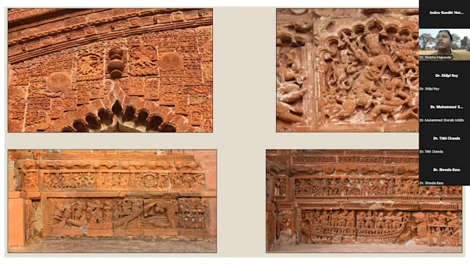Not only the terracotta art, the placement of the particular plaque is also very important, which needs to be studied more specially, because from temple to temple the depicted particular form, particular feature is not in the same area, or they depicted it in a different area. So this needs to be studied more, as per my understanding.